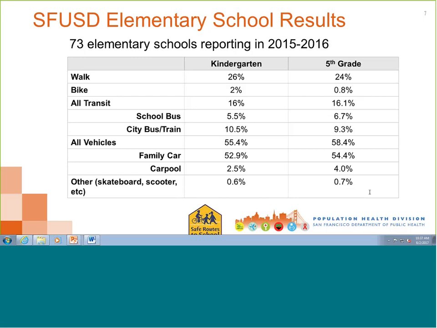So the large proportion of those are actually special ed students, which are legally mandated. And as you can see, about half of our population is single-family vehicle. And so these are the results for elementary.